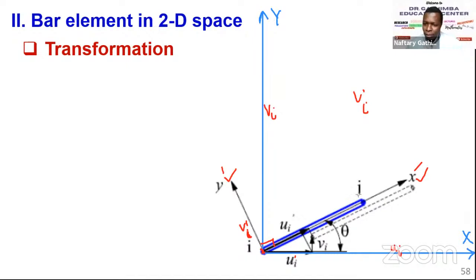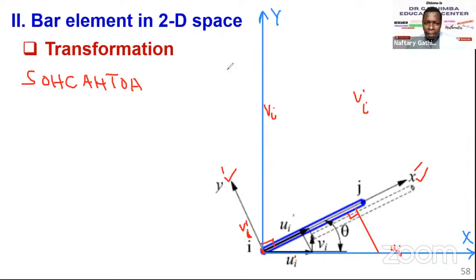Remember, you're not concerned with this node J. We are considering node I. So let me make a right angle here, so that I can use similar triangles and the right angle triangle principle. I hope you remember it. The sine, cos, and the tangent.